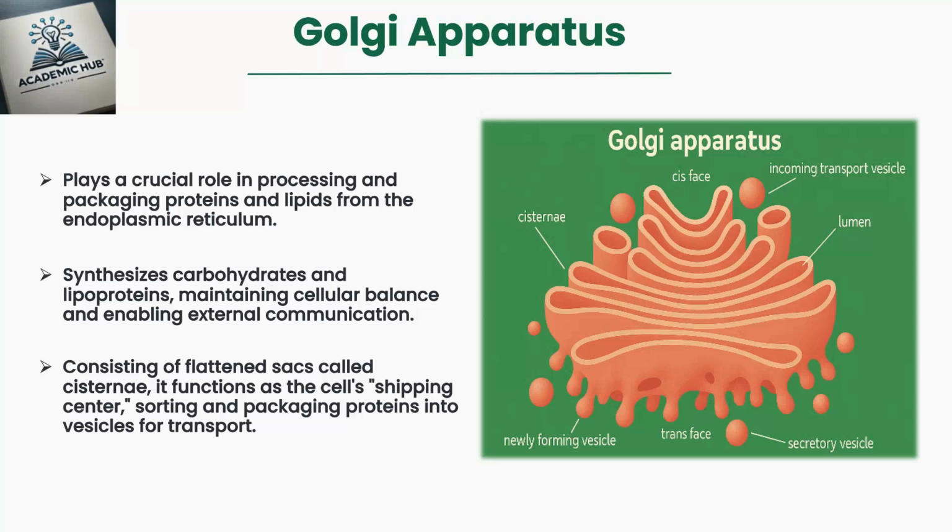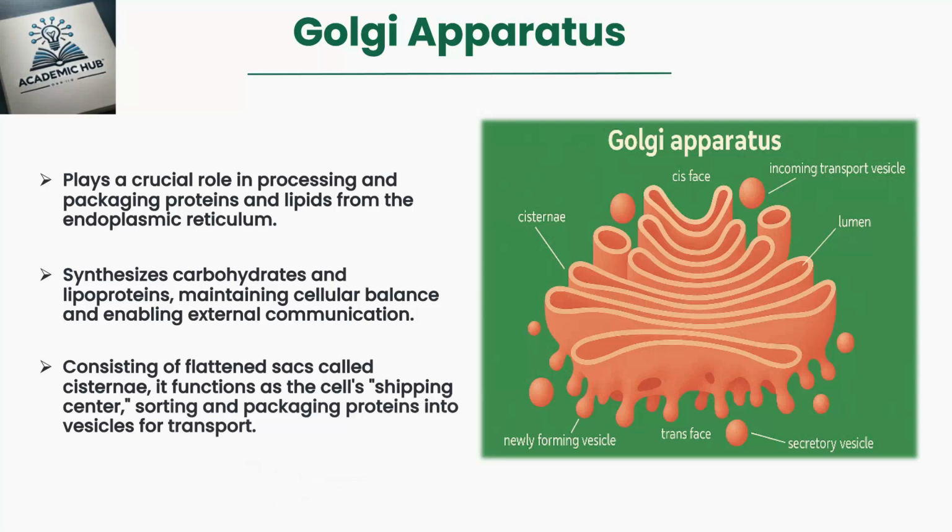Next is the Golgi apparatus in evolution and biotechnology. The Golgi apparatus has evolved to meet the complex needs of multicellular organisms. Its role in protein and lipid modification makes it a target for research in drug development and synthetic biology. In drug development, understanding Golgi function helps scientists design cancer treatments.